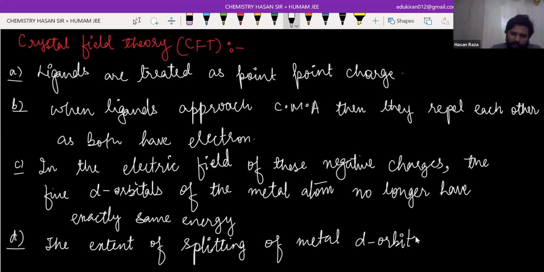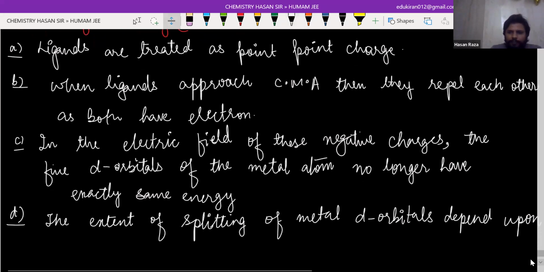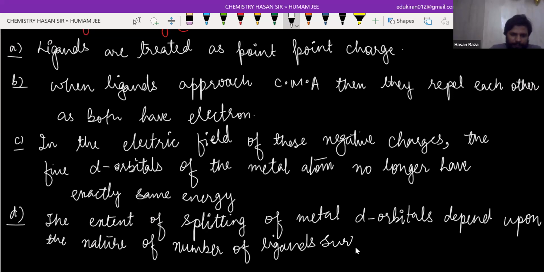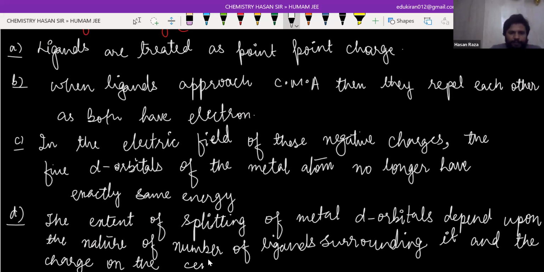How much it will split and how the splitting will take place depends upon the nature and number of ligands surrounding it, and the charge on the central metal atom or ion. Please do write this, then we will discuss it.